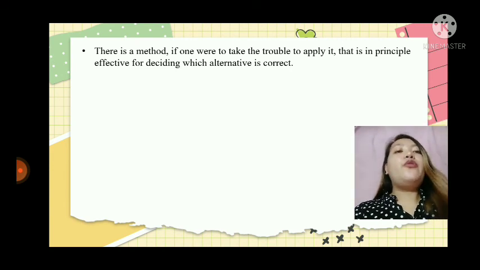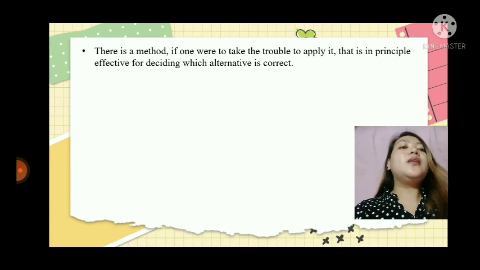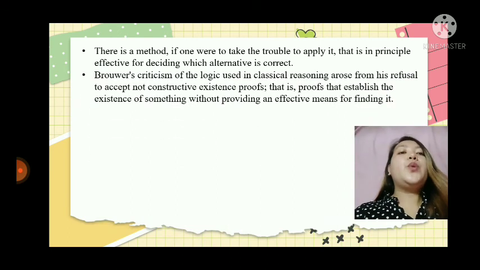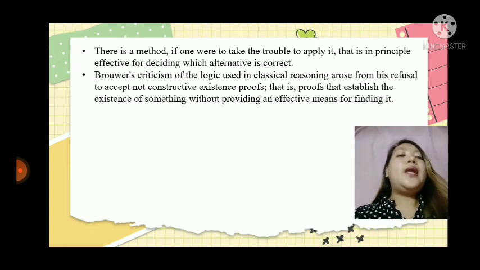There is a method, if one were to take the trouble to apply it, effective for deciding which alternative is correct. Brouwer's criticism of the logic used in classical reasoning arose from his refusal to accept nonconstructive existence proofs. These are proofs that establish the existence of something without providing an effective means for finding it.